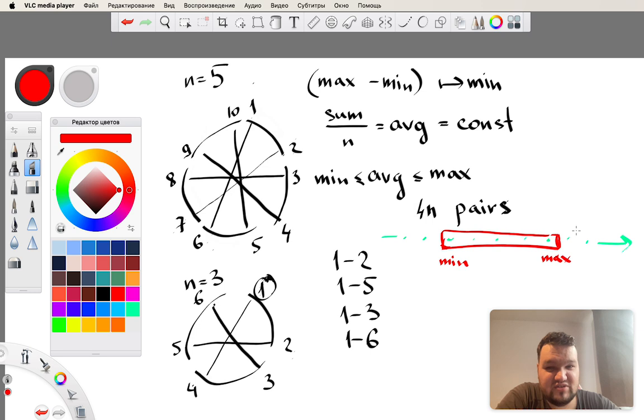So to get the solution for the easy subtask, I need a linear-ish solution for the decision problem. So I have the segment. Is it possible to get what I want? Decision problem.